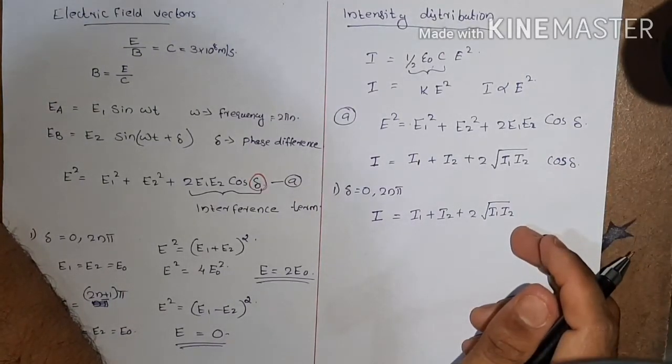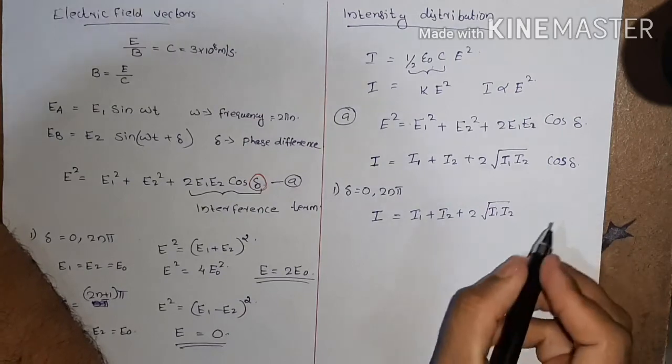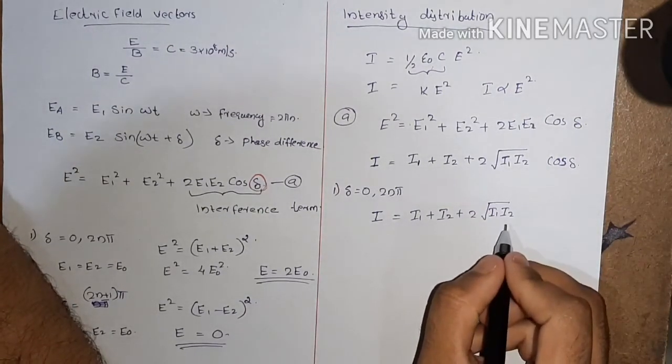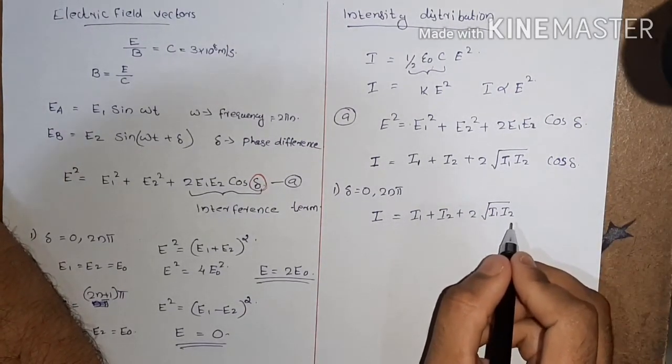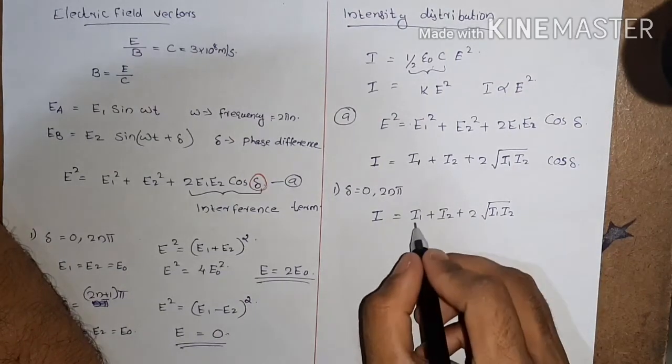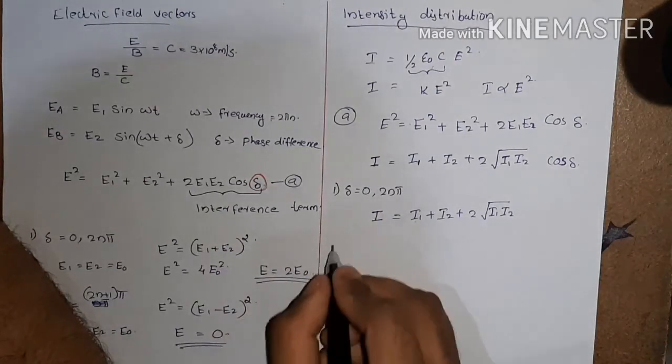So this is the maximum intensity that can be obtained for the superposition of two waves with individual intensities I1 and I2. Let us consider a simple example.